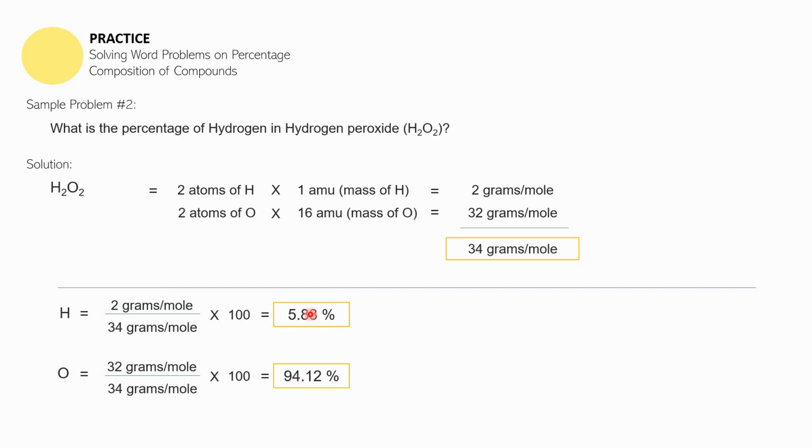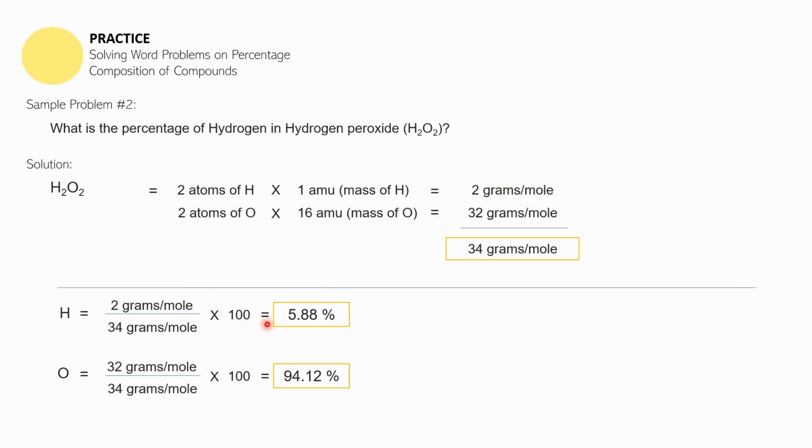Okay, so the first part is always to look for the molar mass of hydrogen peroxide, or of the compound in question. And then that's the time we can solve for the percentage composition of the compound. So in this case, it is only comprised of 2 elements, hydrogen and oxygen. For hydrogen, we took 2 grams per mole divided by 34. We got 2 from here.